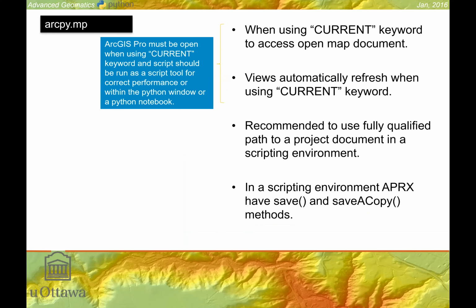So in summary, using the current keyword allows you to access an open map document. So it has to be open, and you must run your code within ArcGIS Pro, either in the notebook or the Python console, or through a tool that you create in ArcGIS Pro.